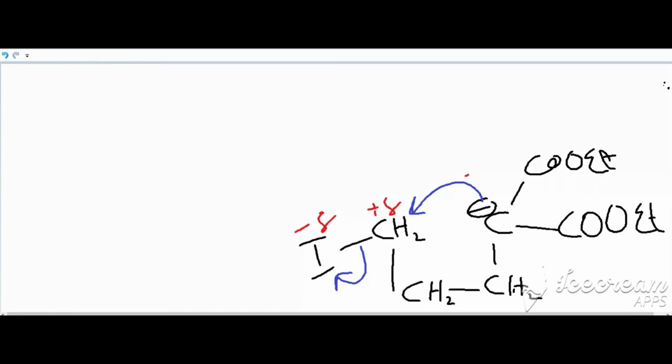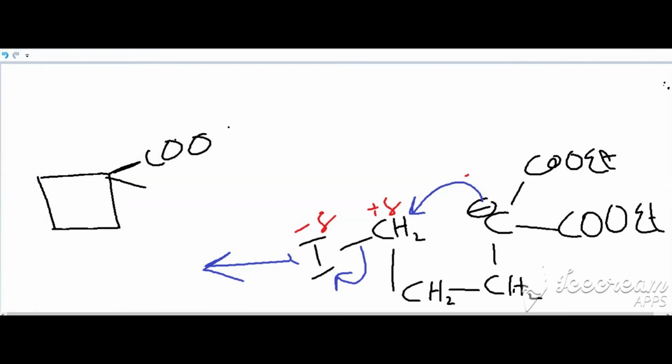Now what product is formed? The ring is closed, but here are two ester groups.